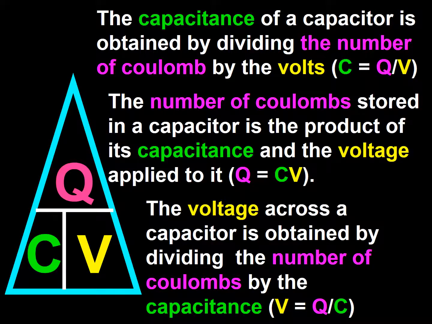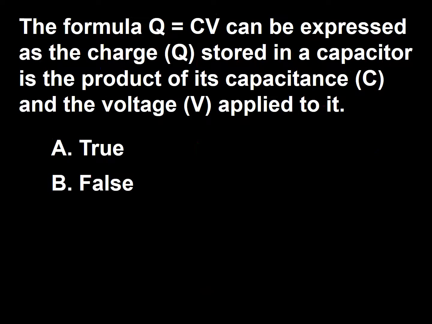Or we can change the emphasis to voltage and say the voltage across a capacitor is obtained by dividing the number of coulombs by the capacitance. So the answer to this question is true.